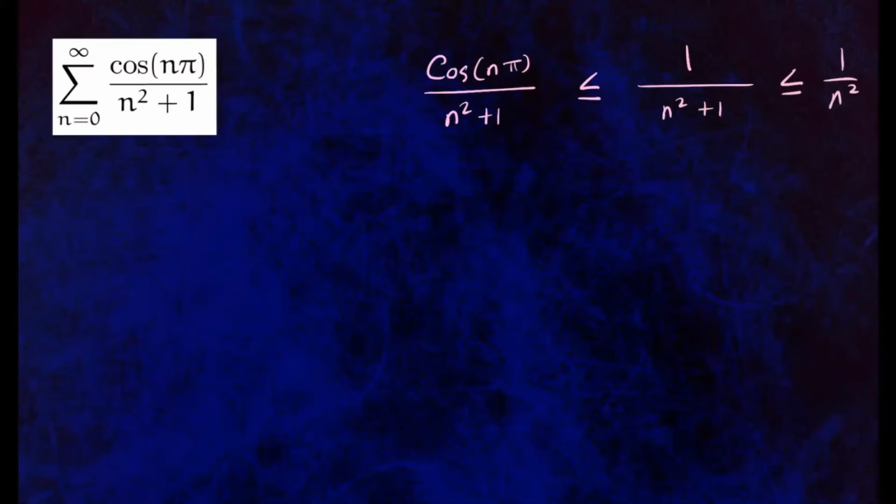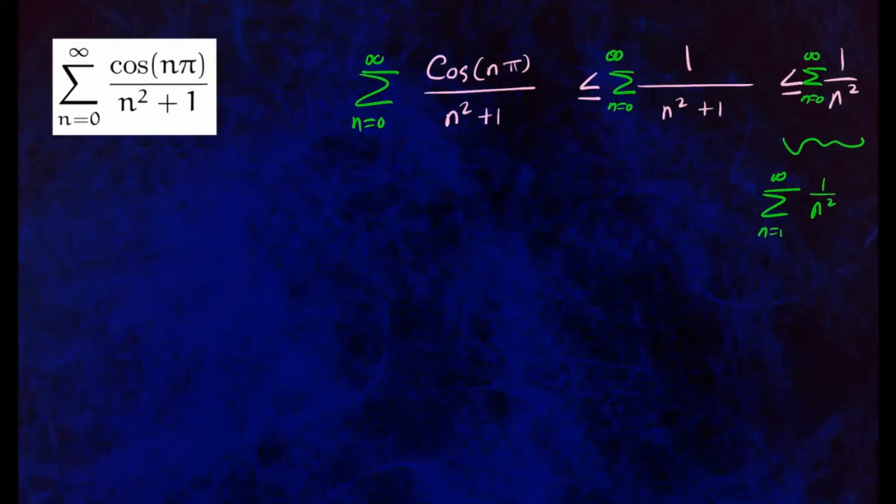And if you look at their series, so if you put the sum in the inequality, from 0 to infinity. Now this is a p series, but this starts from n equals 1 to infinity of 1 over n squared, and we know that converges.